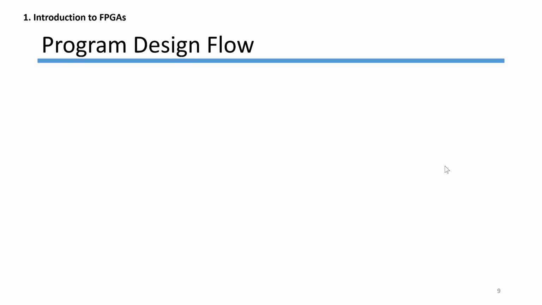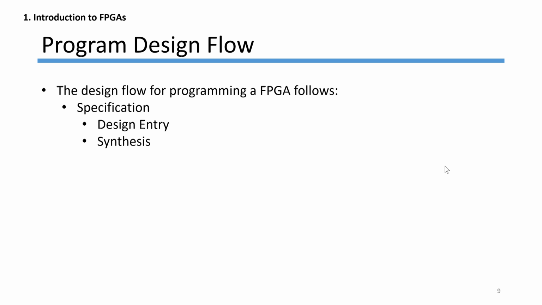In FPGA, the program design flow is as such. You start off with your specifications. So these are the graphical schematics that you draw up, or the VHDL codes that you write. These are all designed by you or whoever the programmer is. They need to be synthesized by the software.